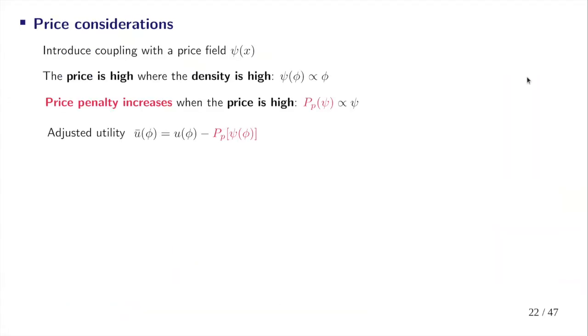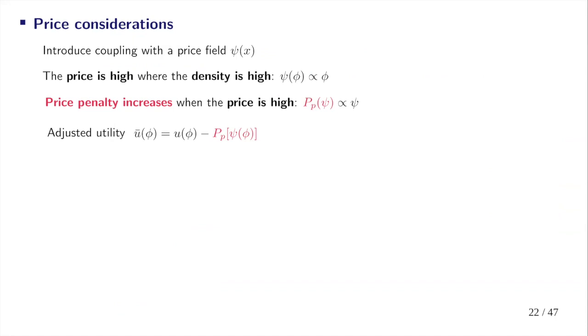And another natural extension would be to introduce another field in which you can couple your density. A natural field would be the price field, of course. On the data, I didn't show the data here, but in France at least, there's a strong correlation between the price and the density, as more or less the price is high when the density is high.